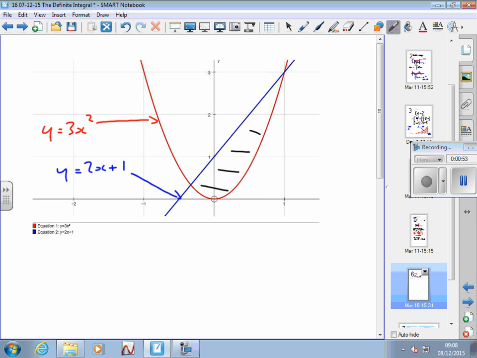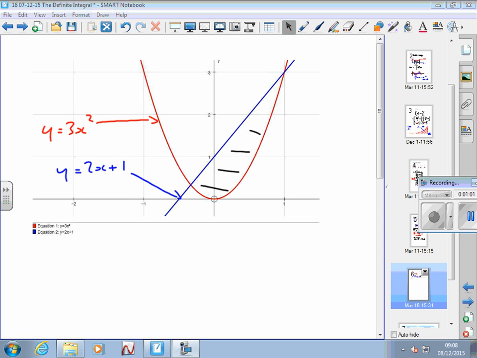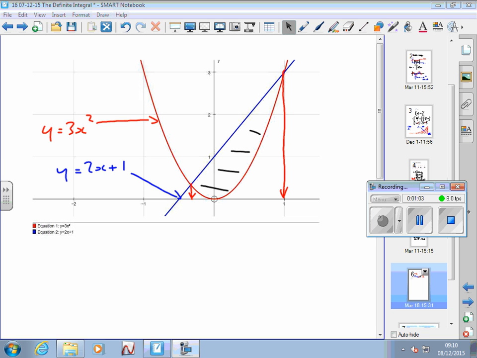What's my problem, though, before I can even start this integral? To be able to find this area between these two curves, I need to know what that point is here, where these functions cross, and this point where the functions cross.